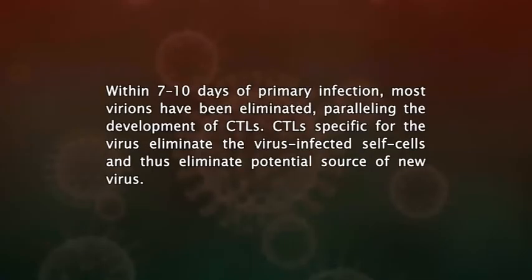Within 7 to 10 days of primary infection, most virions have been eliminated, parallel to the development of CTLs. CTLs specific for the virus eliminate the virus-infected cells and thus eliminate the potential source of new virus.